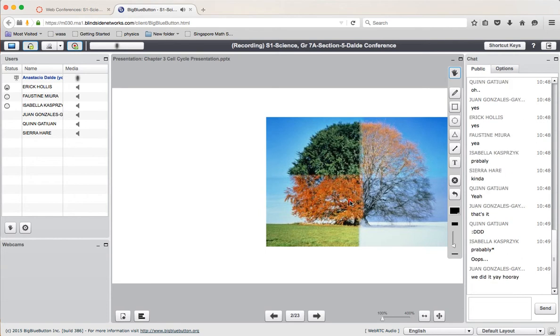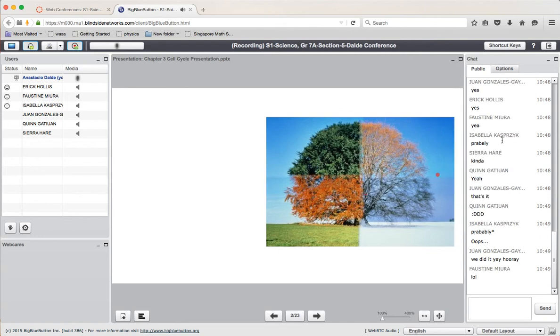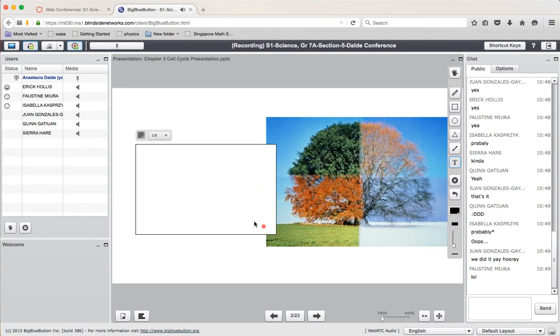What we're going to talk about is the cycle that cells go through. So most cells in an organism go through a full cycle of growth and development. Let's see, can I type? Cells.